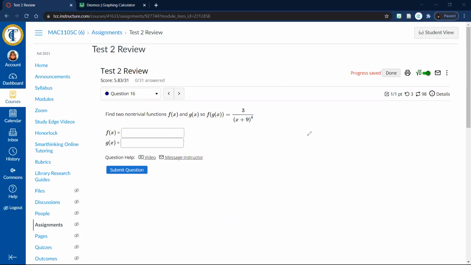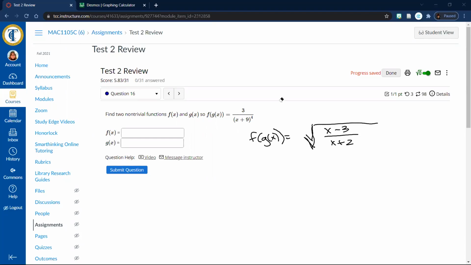So if you have like the square root of x minus 3 over x plus 2, and this is f of g of x. What could we pull out of this square root?